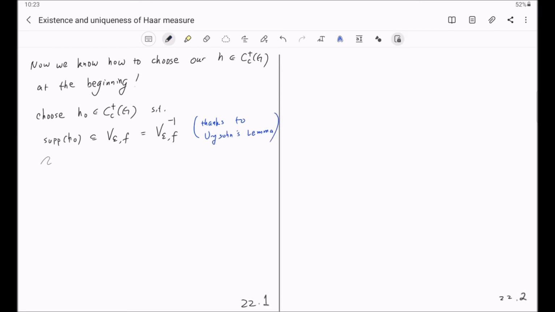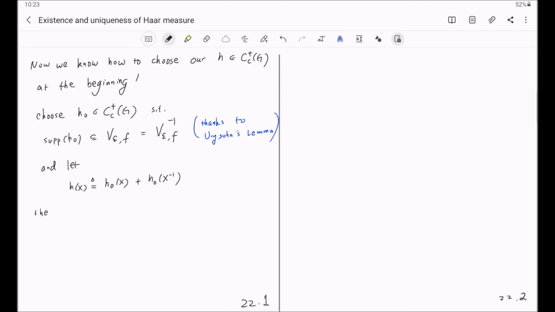Now, we take h to be h_0(x) plus h_0(x^{-1}) to make it symmetric.